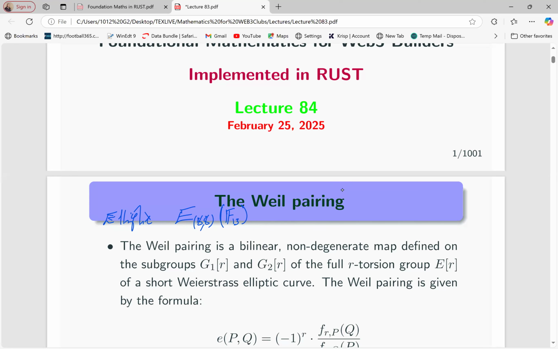Of course, you know this elliptic curve is just y squared equals x cubed plus 8x plus 8.